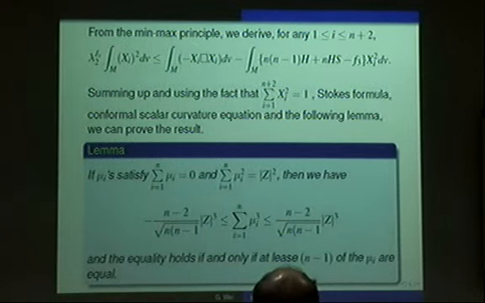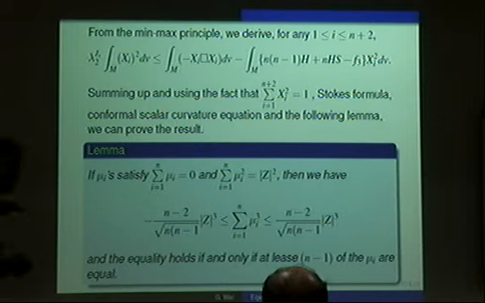So from the minimax principle, we can get that the second eigenvalue of the Jacobi operator satisfies this equation. Summing up and using the fact that the capital Xi equals 1, since the image is in the unit sphere, capital Xi square satisfies this equation.